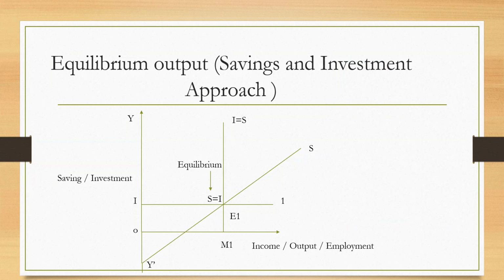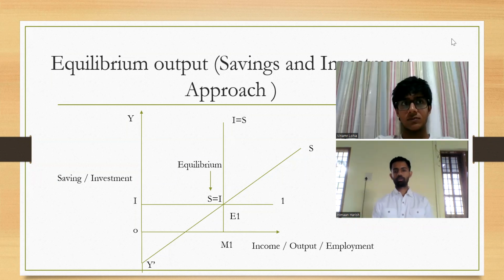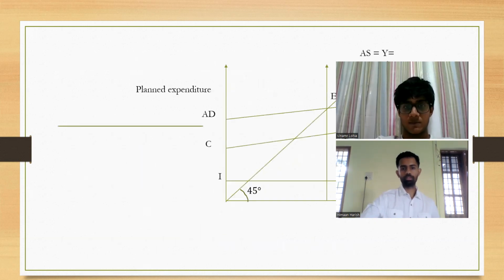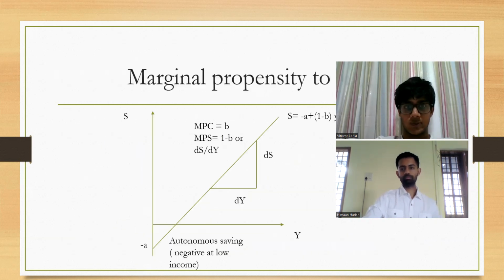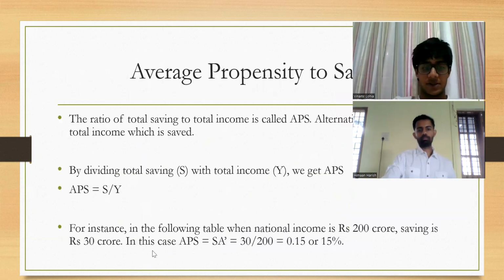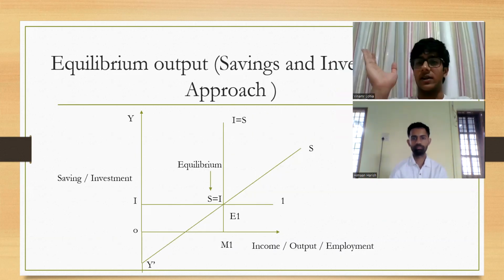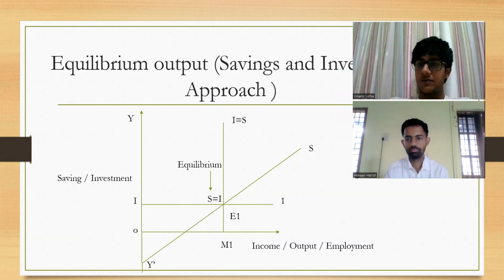So as in the graph, the y-axis is the saving and investment, and the x-axis is the income or the output. And there's a negatively sloping line which starts from y dash. So is it like the marginal propensity to save? It starts from a negative line. Oh, yes, marginal propensity to save starts at a negative.